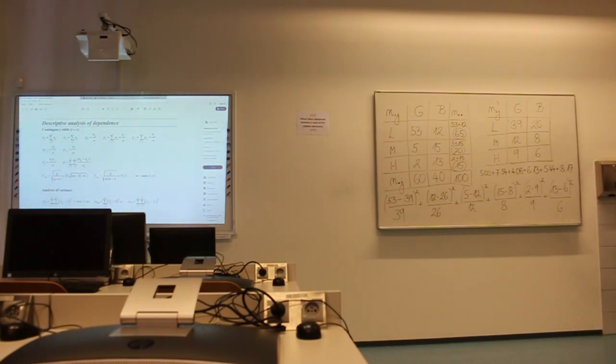The summation of these 6 values is statistic G. Yes, we need this statistic for calculation of Pearson and Kramer coefficient of contingency.